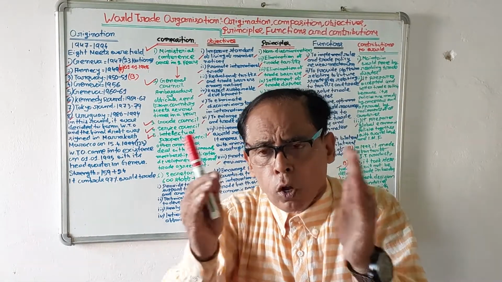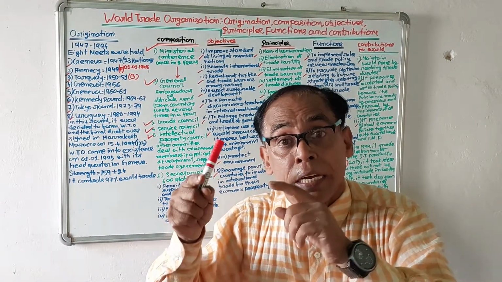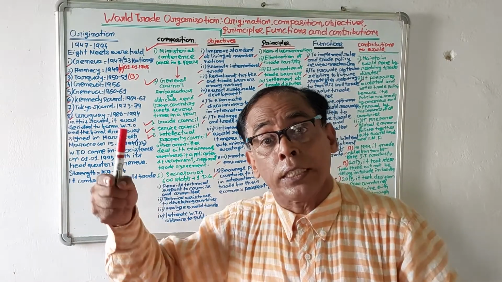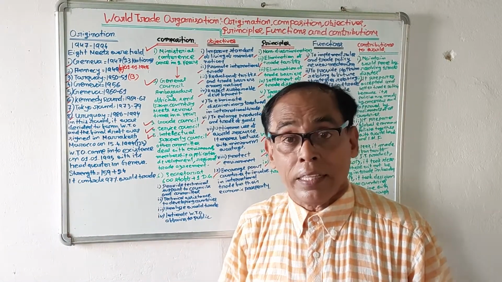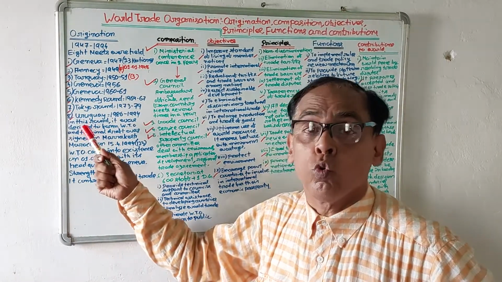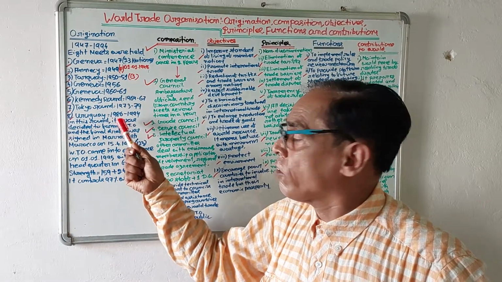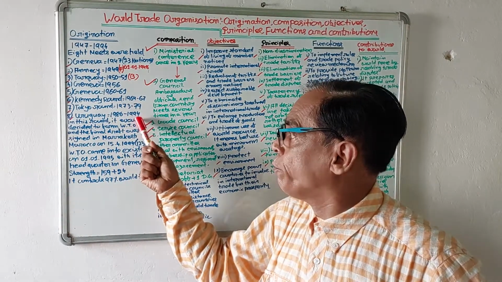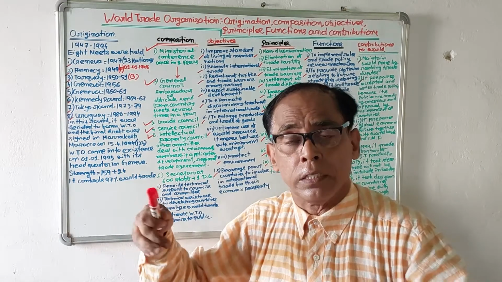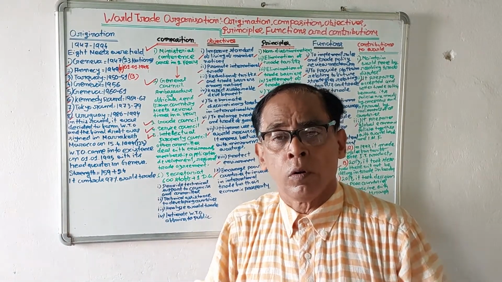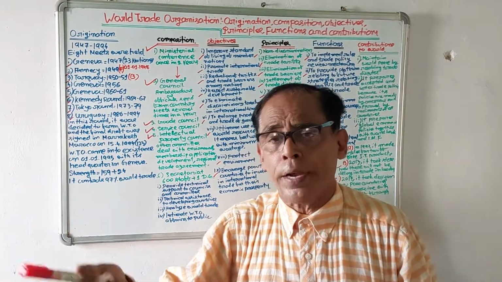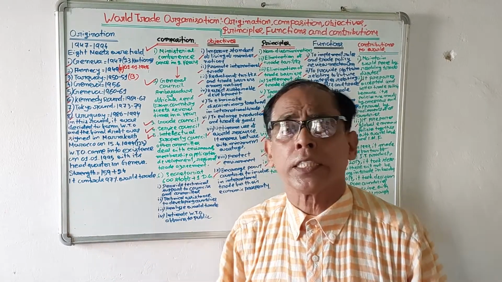So, for the formation of World Trade Organization, 8 conferences were held. And the last conference was Uruguay conference, which was held from 1986 to 1994. That was the final discussion.